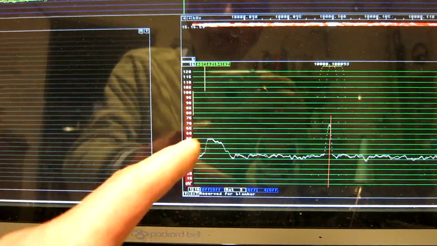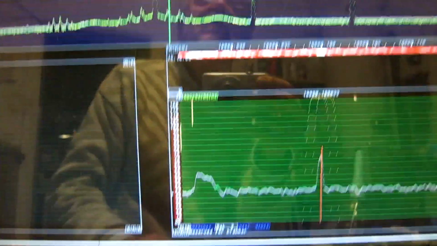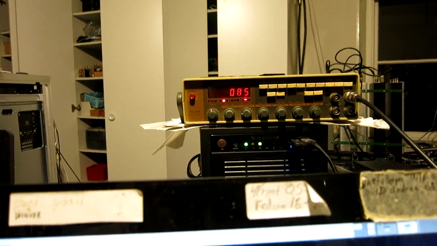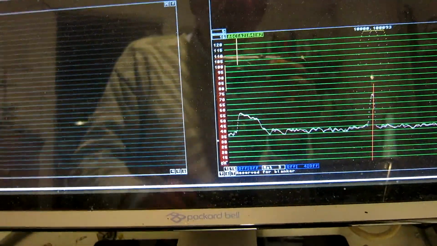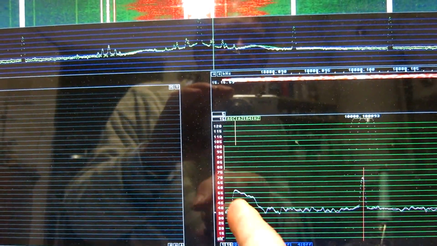And you can see it here. It's not quite stable, now it's 85 Hertz. So it should be 85 Hertz below, and that's here.